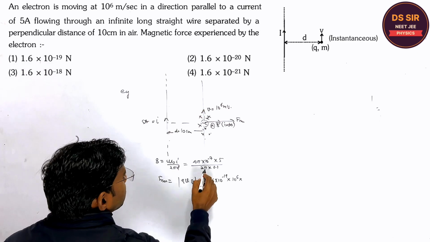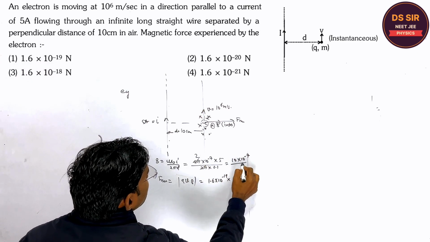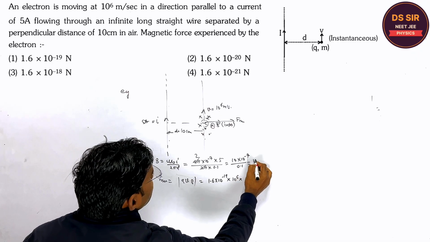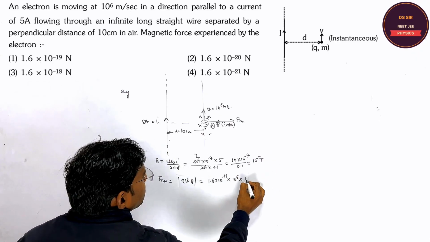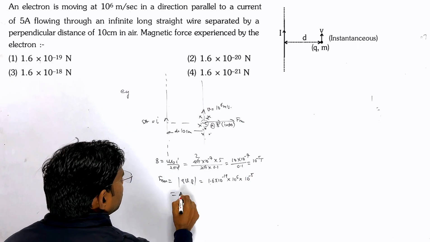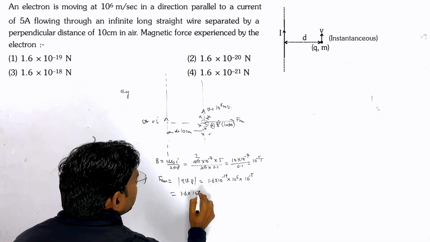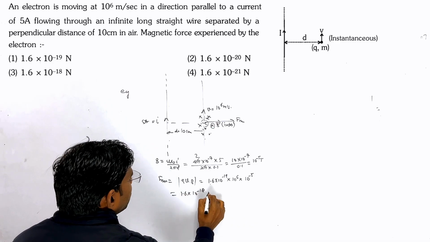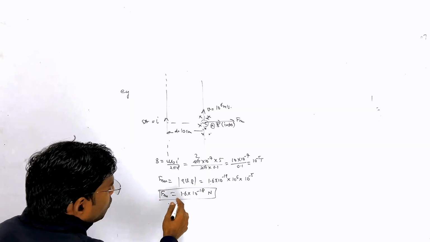Are you getting it? So it is 2 into 10 to the power minus 7 upon 0.1, which is equal to 10 to the power minus 5 Tesla. Is it clear or not? So it is 1.6 into 10 to the power minus 18 Newton, which is the correct answer. Right? Copy this.